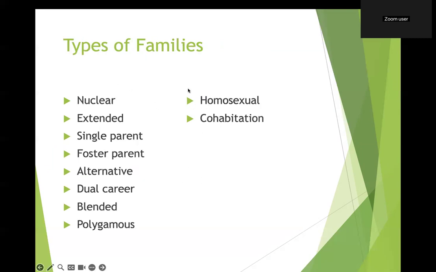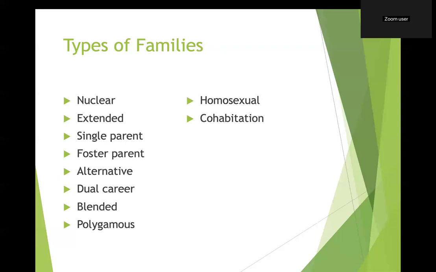Types of families. So I'm sure you all know there are so many different types of families. There's the nuclear family, which is the traditional idea of family that we all think of here in the US. There's extended families, so your cousins, your grandparents, aunts, uncles, single parent families, foster parent, alternative. Blended is maybe a parent had got remarried and that new spouse has their own children, so it's a blended family.